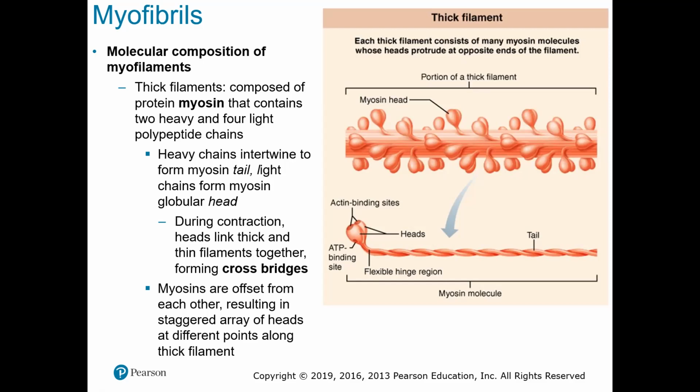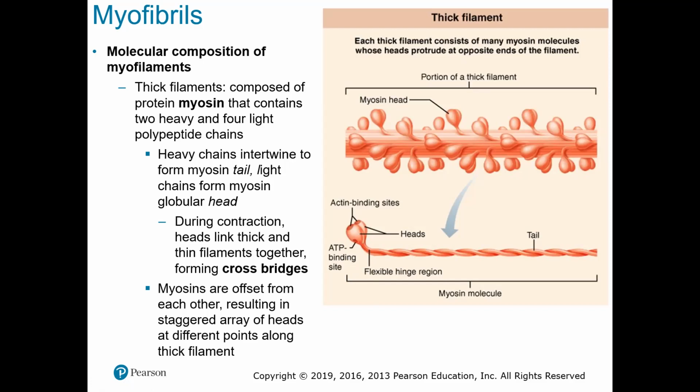The myosin heads have on their very tip something called the actin binding site, which means that they can bind to the actin. And again, they also have a hinge right behind the heads that allows the heads to pivot in one direction.